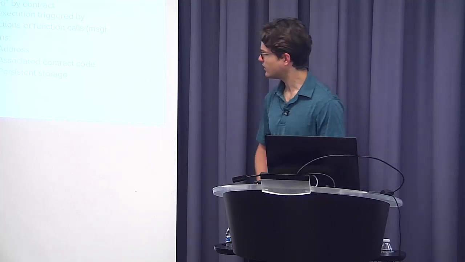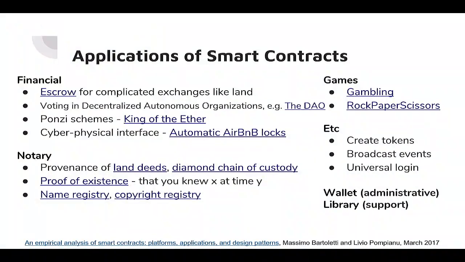Yeah. So who are the customers so far? Do you know? Customers of Ethereum. Well, individuals? Yes. So going back to these applications, all of these blue text items are hyperlinks, and these are links to actual applications out there. There is a company that provides chain of custody services for diamonds.